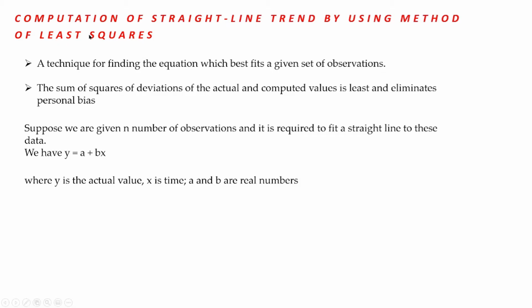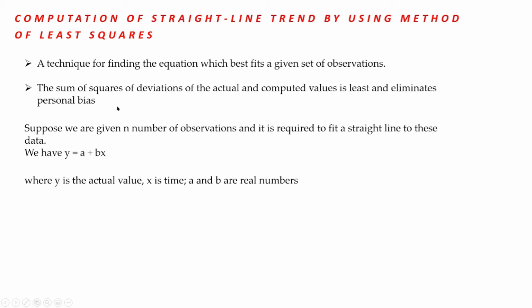Now moving on to computation of straight line trend by using the method of least squares. Here, in the 3-year, 4-year or 5-year moving average, we will not get a straight line trend which will fit the given set of observations. Whereas the method of least squares is a technique for finding the equation which best fits a given set of observations.